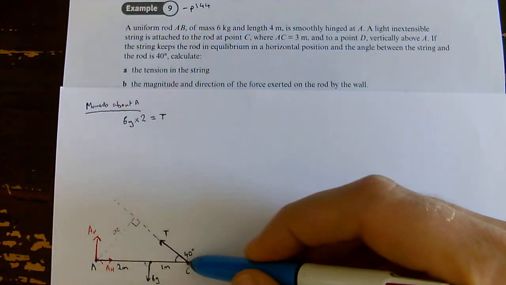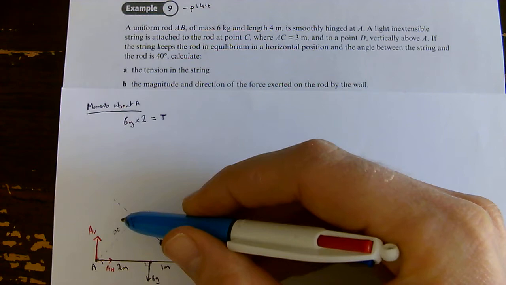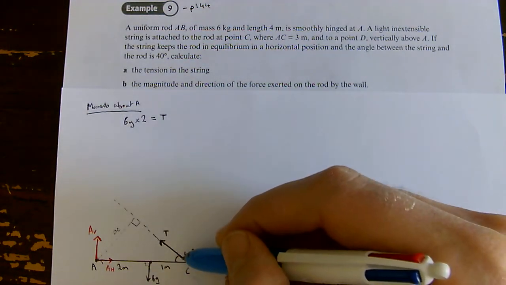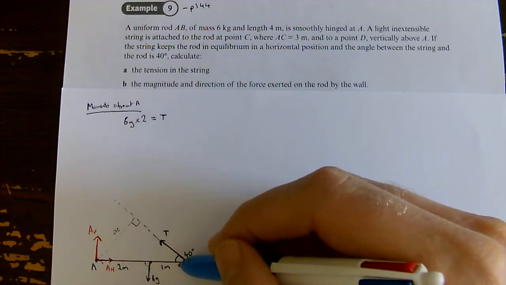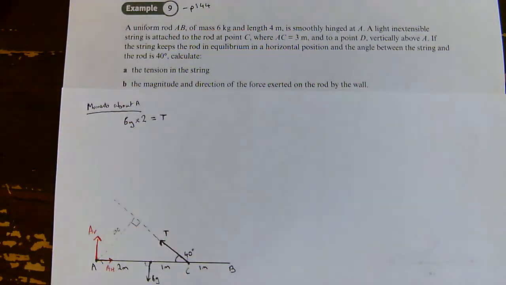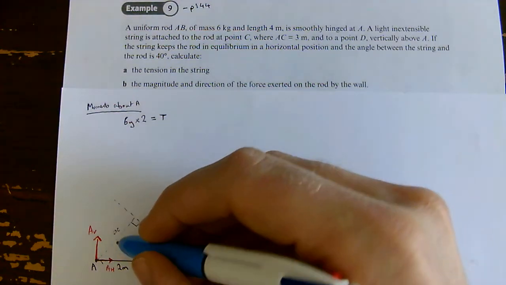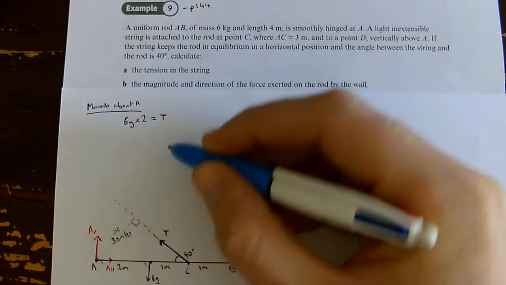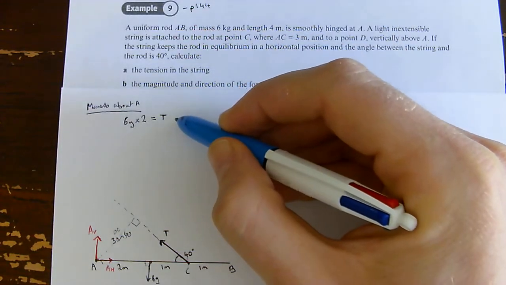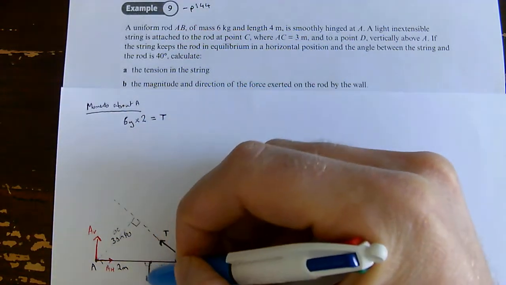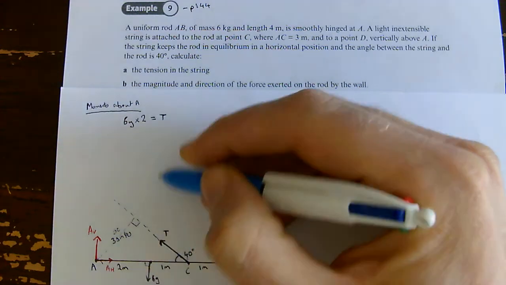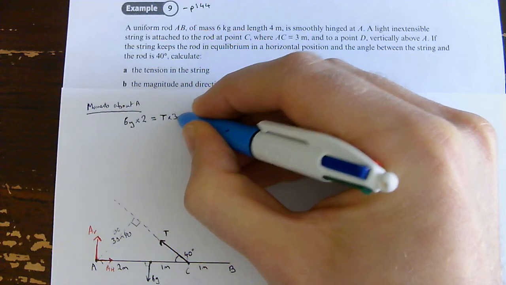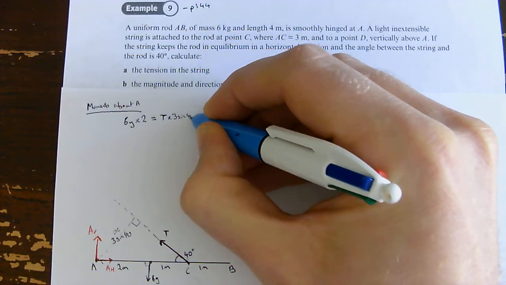Well, I've got a hypotenuse here of 3 meters, an opposite of x, and an angle of 40. So I know that x is going to be 3 sine 40. For this to be in equilibrium, the clockwise turning force is going to be equal to the anti-clockwise turning force, which is T times 3 sine 40.